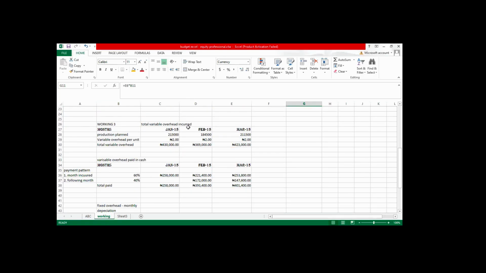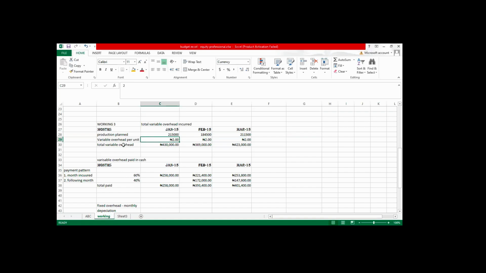Working number 3, variable overhead incurred. In the month of January, we are going to produce 215,000. February, 184,500. March, 211,500. Examiner says variable overhead cost per unit, 2 naira.